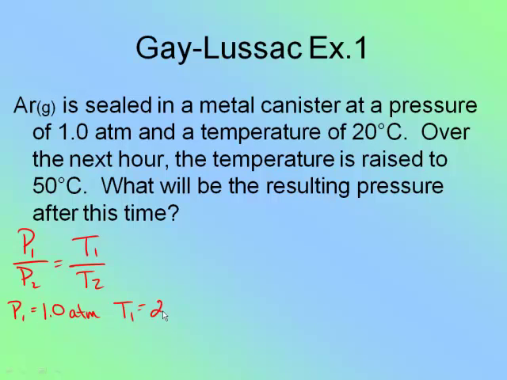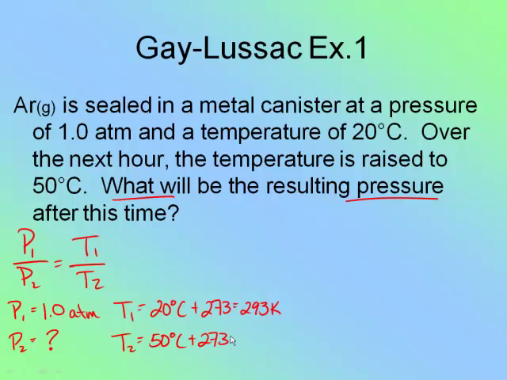T1 is 20 degrees Celsius, but again, in kelvins. P2 is what I'm solving for because it says what will be the resulting pressure. And T2 says the temperature has been raised to 50 degrees Celsius, which means that it is now 323 kelvins.